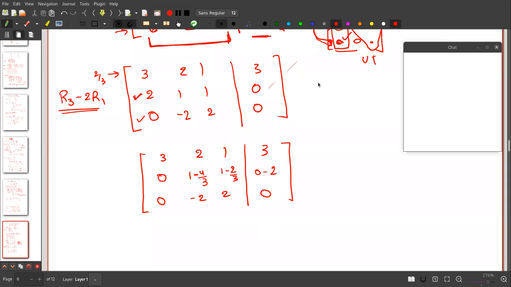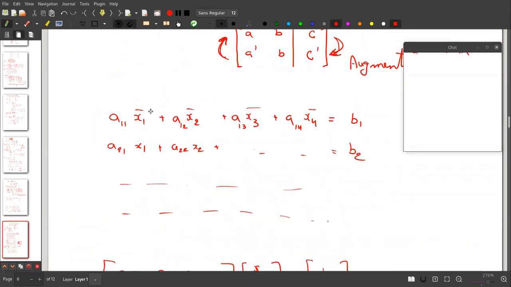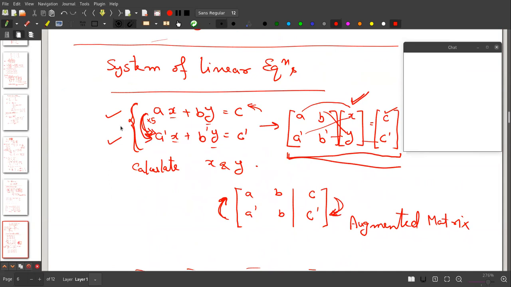What I did was R2 minus 2 by 3 R1 to make this element 0. No, Tanya, we cannot apply the column operation because it will violate the equation rule which I have told you. We can subtract one equation from another, but we cannot subtract the coefficients of x from y.